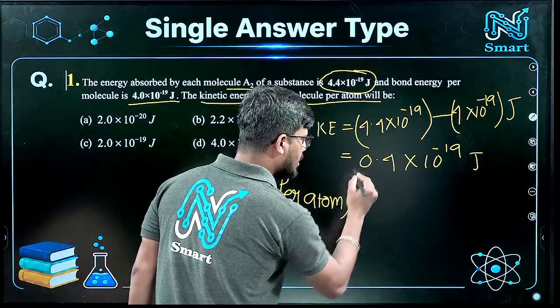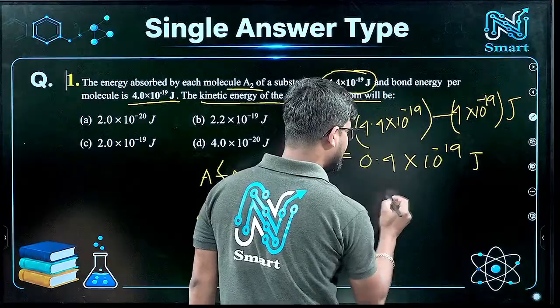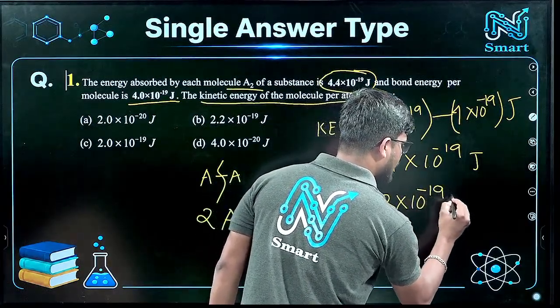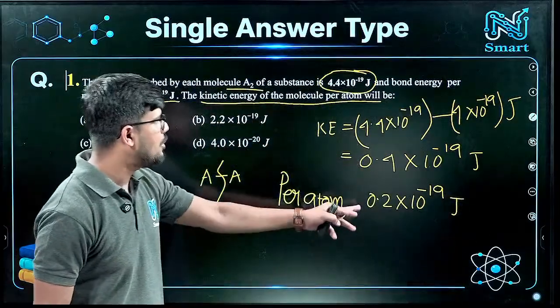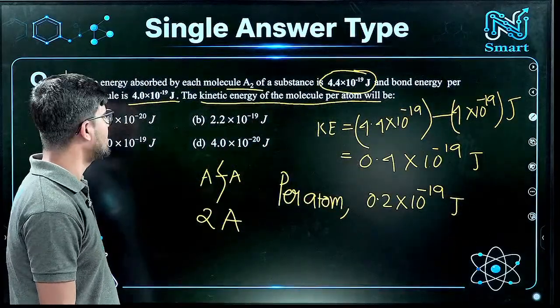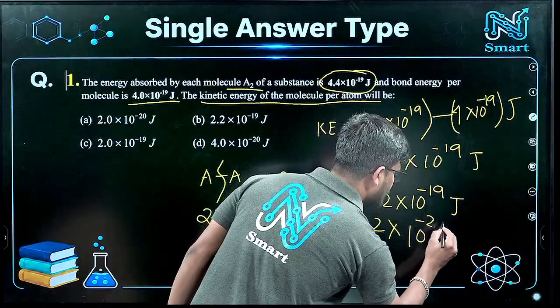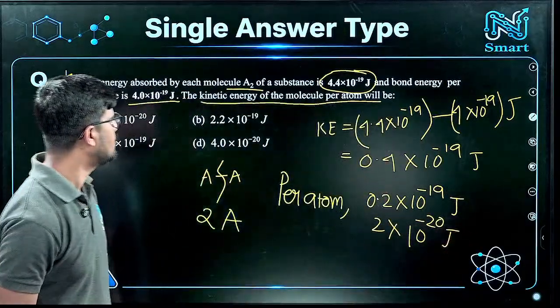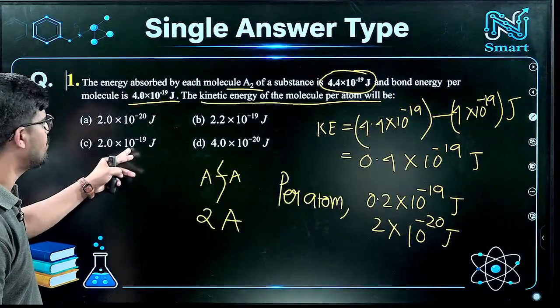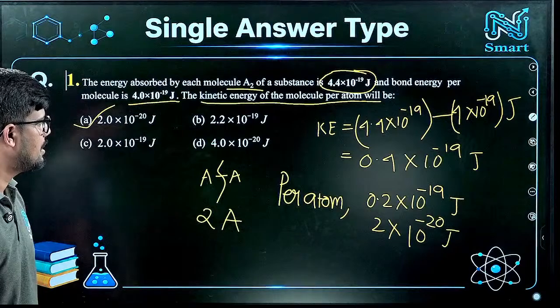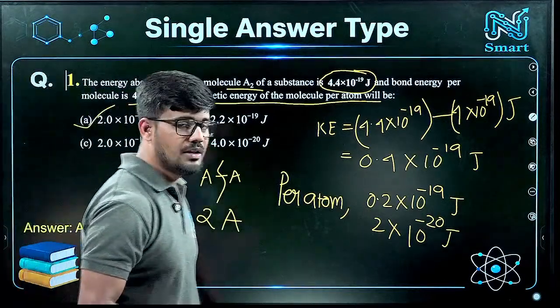Per atom means just 0.4 divided by 2, which is 0.2 into 10 to the power minus 19 joule. So now just check the option, which one is your correct answer. So we can write this one as 2 into 10 to the power minus 20 joule, right? So which answer? 2 into 10 to the minus 20. So answer should be A, correct? Answer should be A. Done.